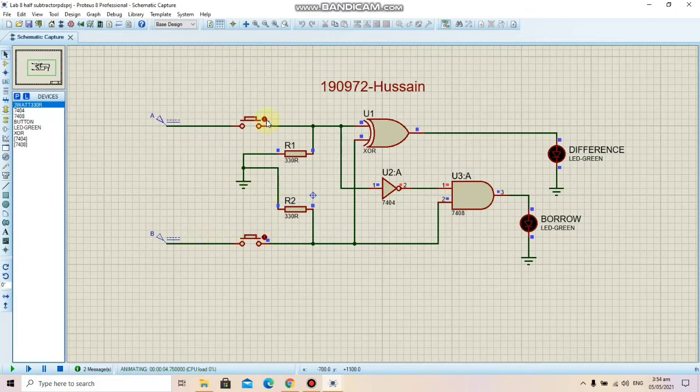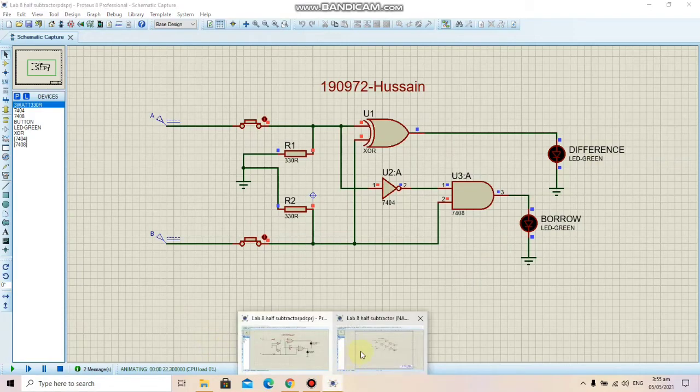When A is 1, B is 0, so 1 minus 0 is 1, so the output is 1. Then if I change the inputs, we can see 0 minus 1 gives us 1 as the value of the difference, and borrow represents the minus sign. And if I change the input to 1 1, which is 1 minus 1, the output we can see is 0.